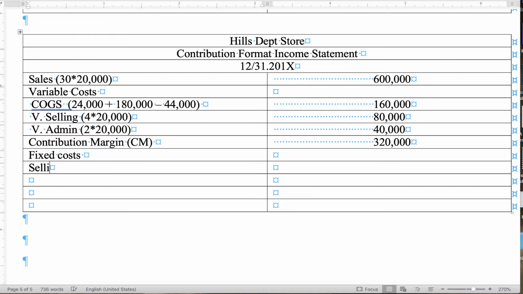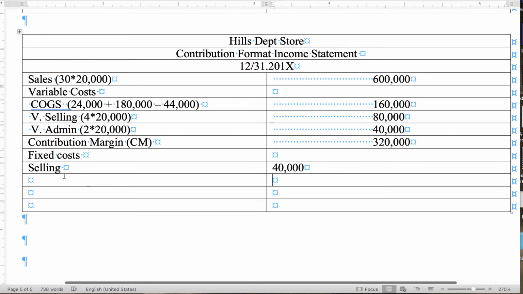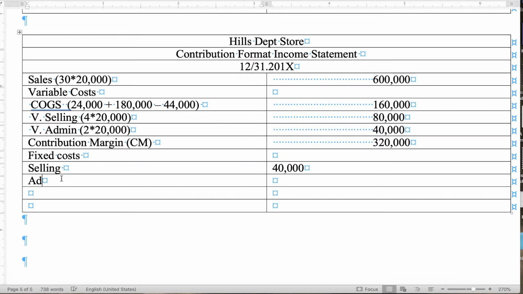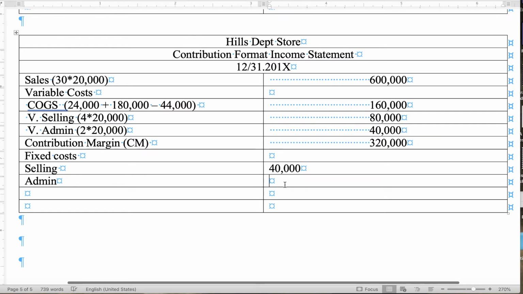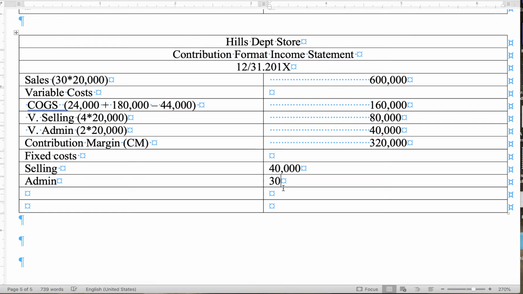We know that the selling fixed cost was 40,000, and the administrative fixed cost was 30,000.